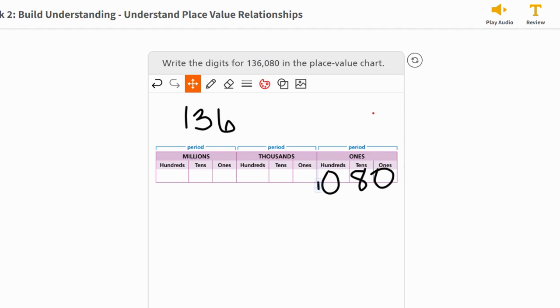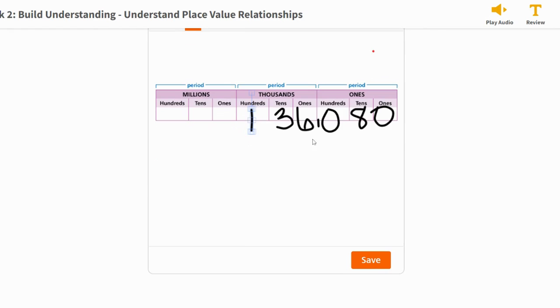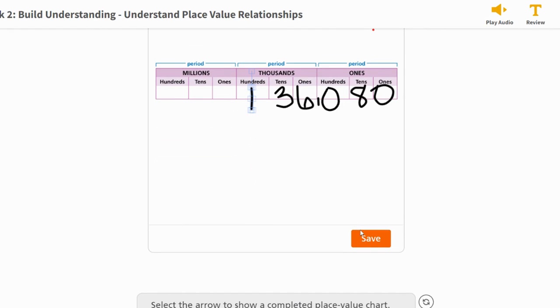The comma goes in between each period. 6 goes in the ones place of the thousands period, 3 goes in the 10,000s place, and 1 goes in the 100,000s place. I'm going to save my work.